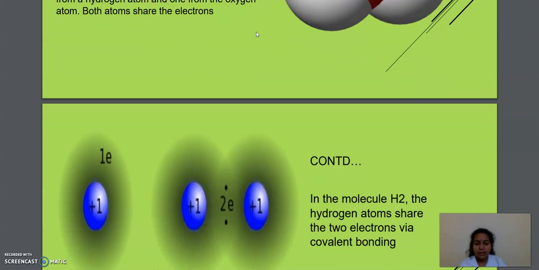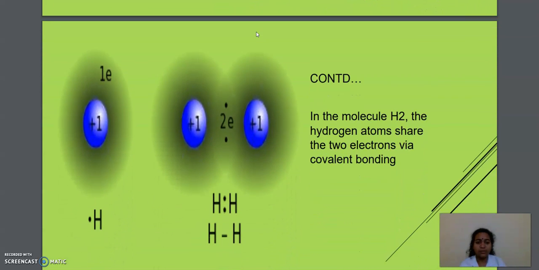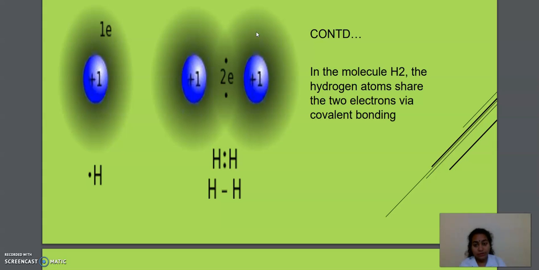And here we can see the formation of the H2 molecule. We know the valence electrons, which is one electron for one hydrogen, another one electron for another hydrogen. So what they will do? In order to attain the stability, hydrogen will undergo the sharing of electrons with another hydrogen atom.